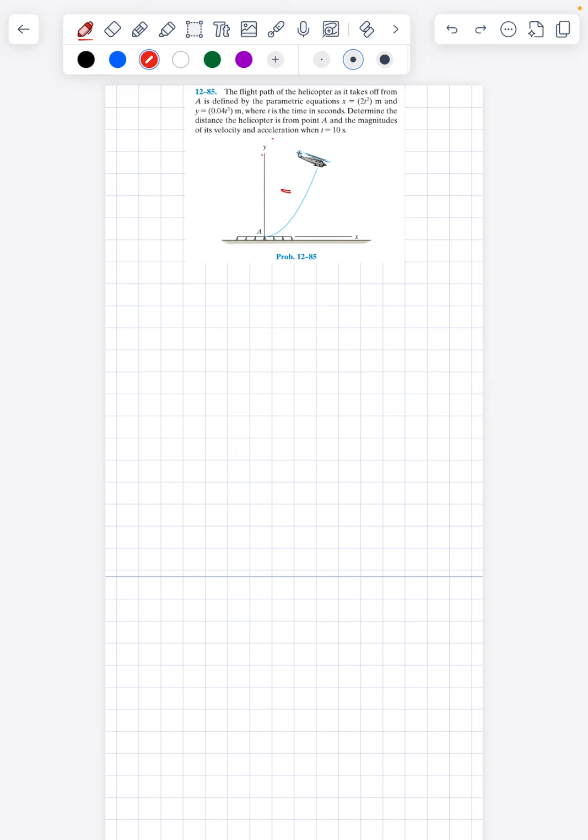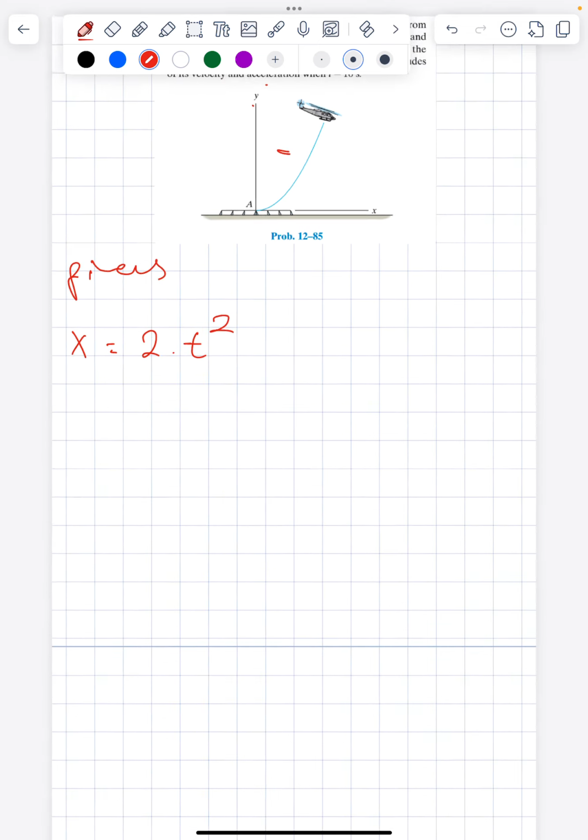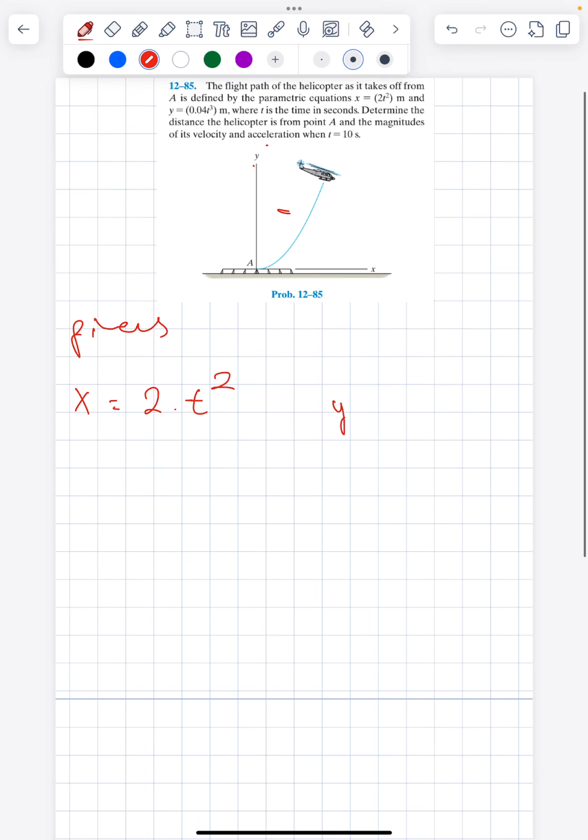Okay, so what is given? x is equal to 2t² and y is equal to 0.04t³. These are distances from point A in the x and y components, and this information will guide me to solve this problem.